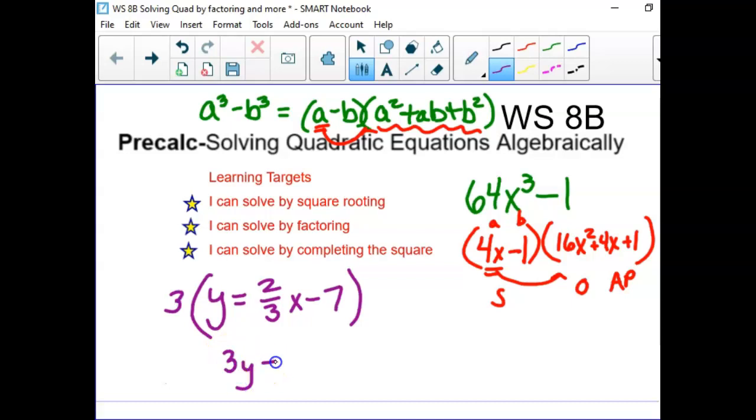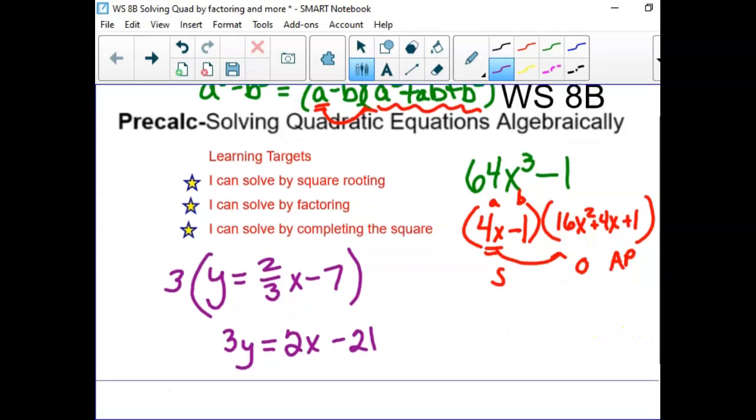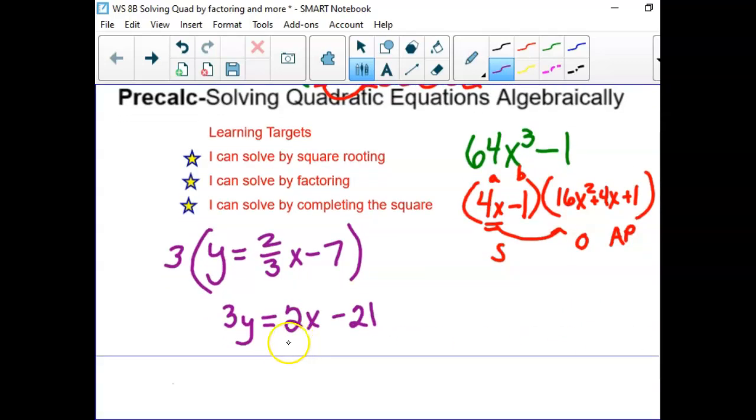So I get 3y minus 2x equals 2x minus 21. Then the rule is x and y need to be on the same side. So I will subtract 2x over to this side. I'll have a negative 2x plus 3y on the left, and on the right is negative 21.